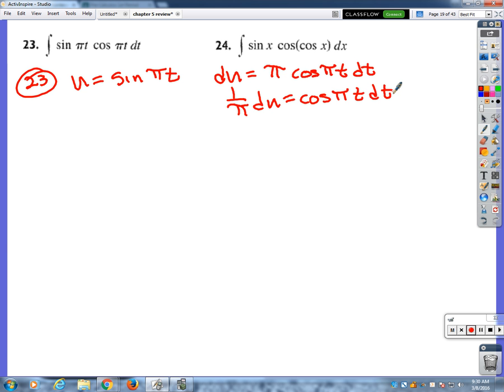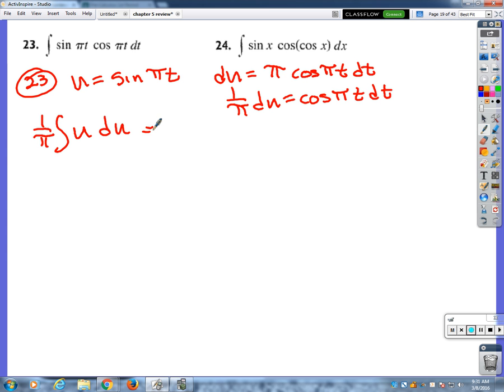Okay, so now we're ready to substitute, right? So the sine of pi t is now u, right? And then the cosine of pi t dt is right here. So I'm going to make that a 1 over pi in front, and then a du on the end.